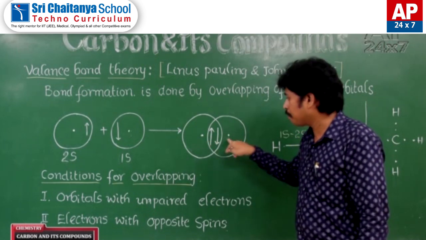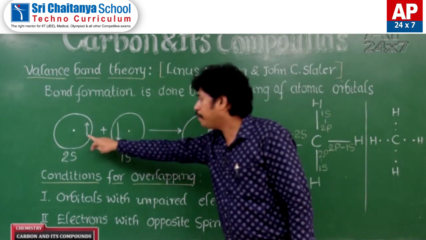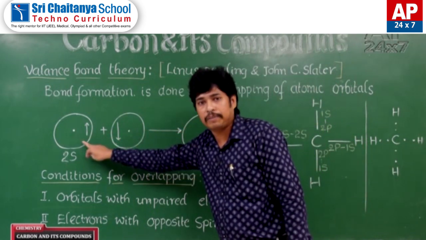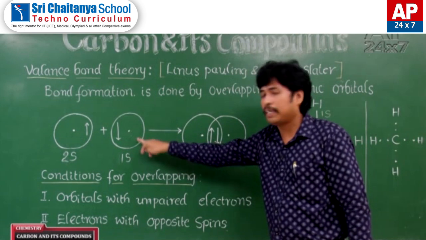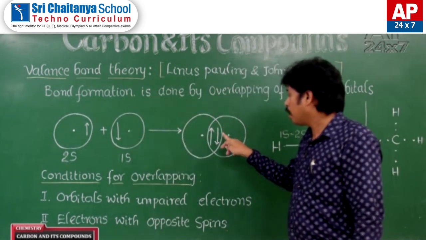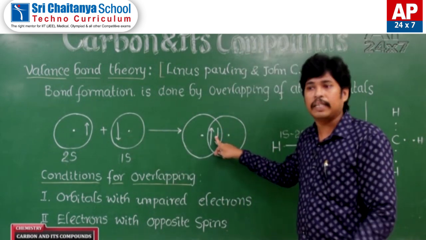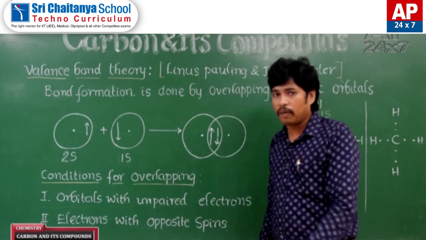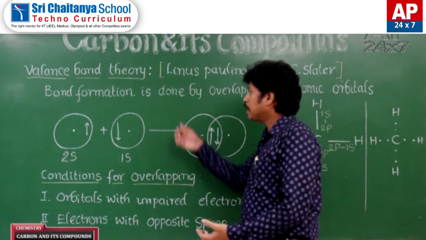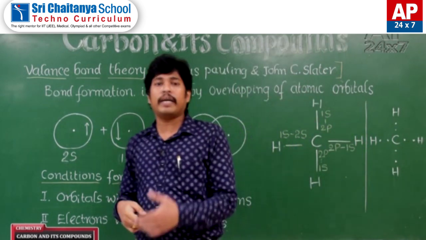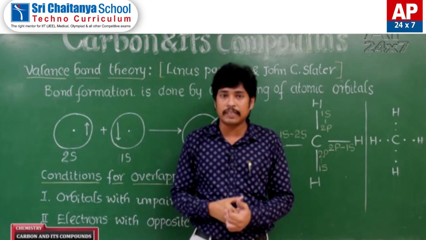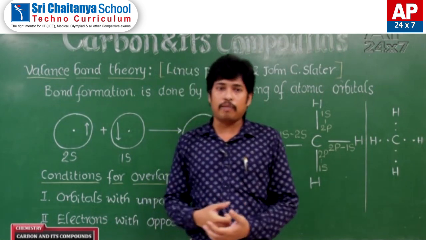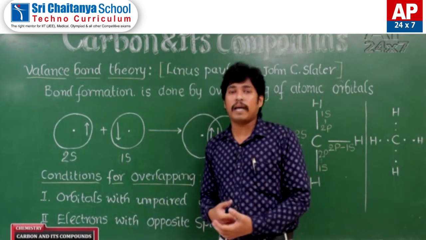As a result of this overlapping, the two unpaired electrons of the 2s subshell of carbon and the 1s subshell of hydrogen are involved in the sharing process, which results in the formation of a chemical bond, that is nothing but a covalent bond. As per valence bond theory, there are two very important conditions required in order to form covalent bonds by the overlapping process.